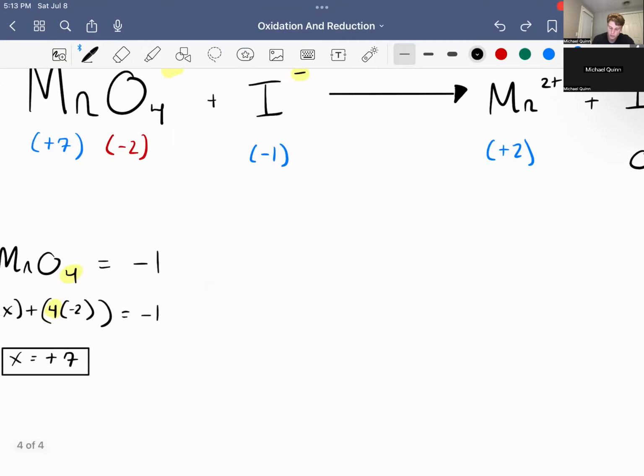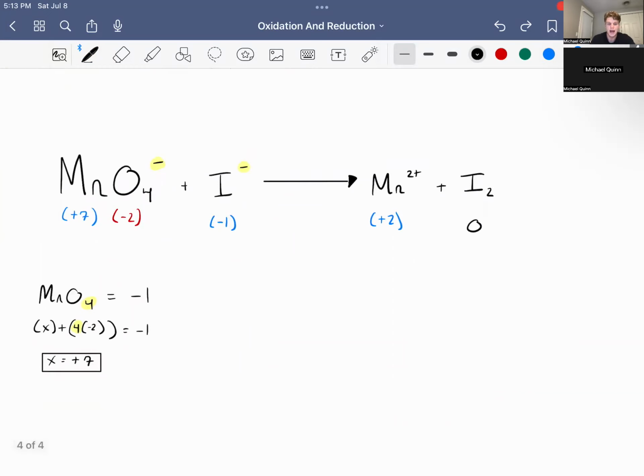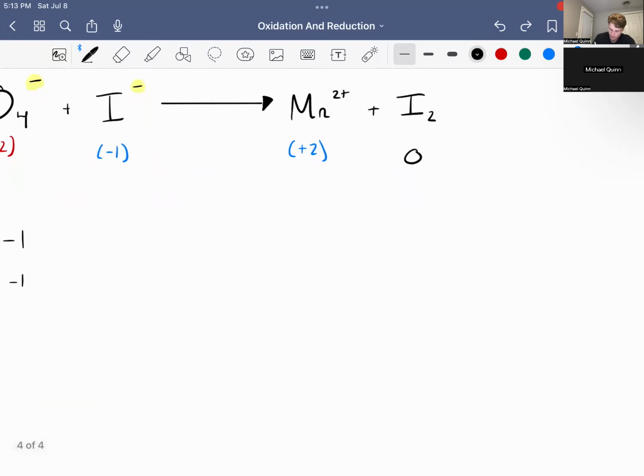So what we need to do, now that we have our oxidation states arranged, is decide which species gets oxidized and which species gets reduced. So what do these two terms mean?